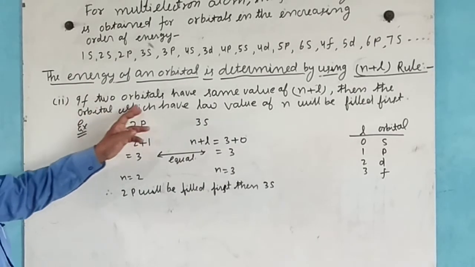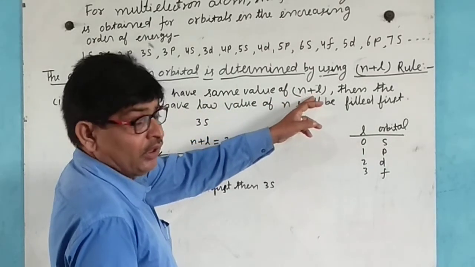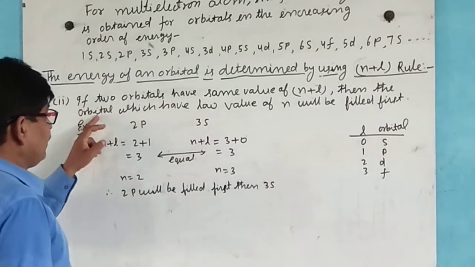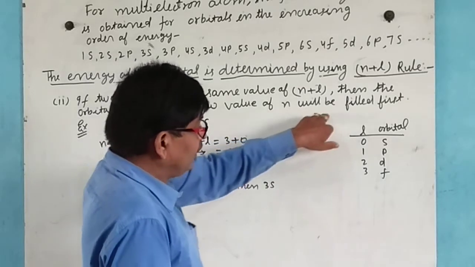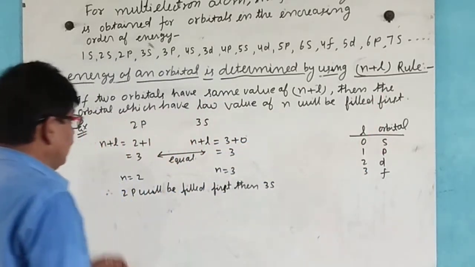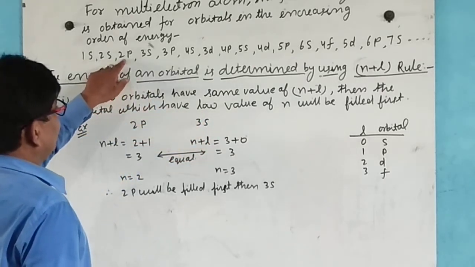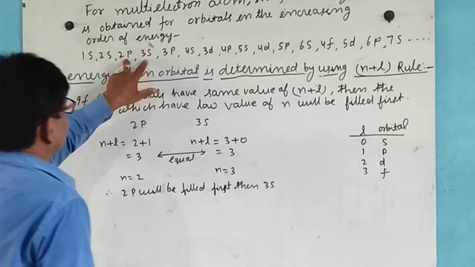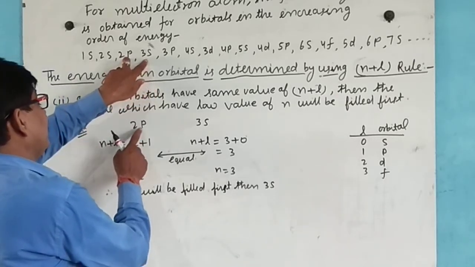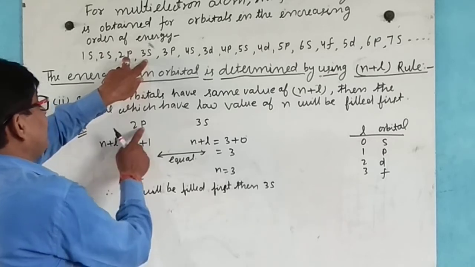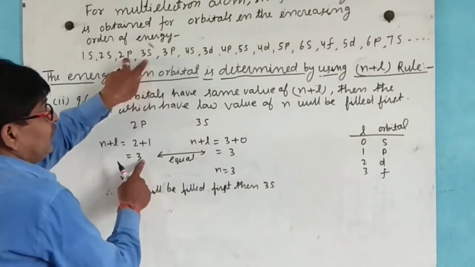Second, if two orbitals have the same value of n plus l, then the orbital which has the lower value of n will be filled first. Here are the 2p orbital and 3s orbital. For 2p, n is equal to 2 and for p the value of l is 1, so 2 plus 1 is equal to 3.